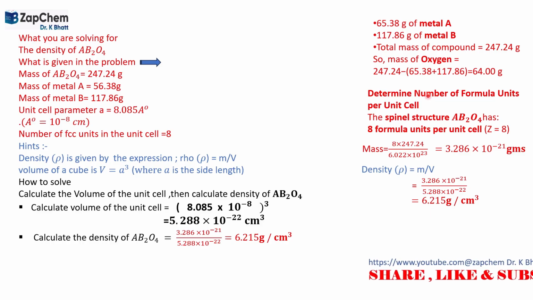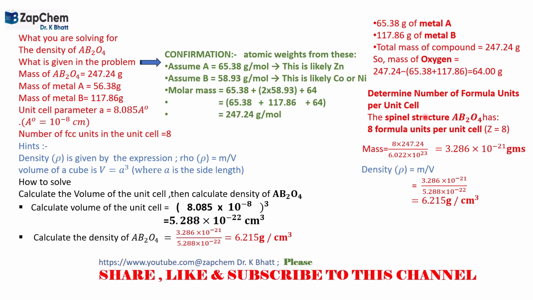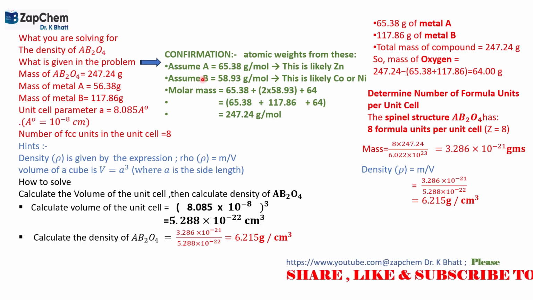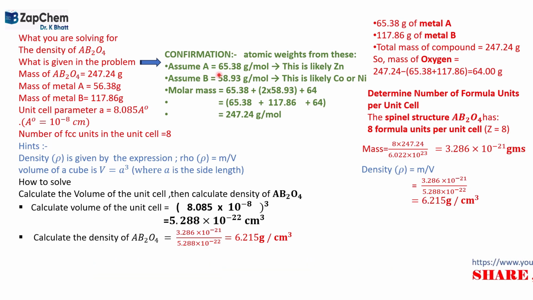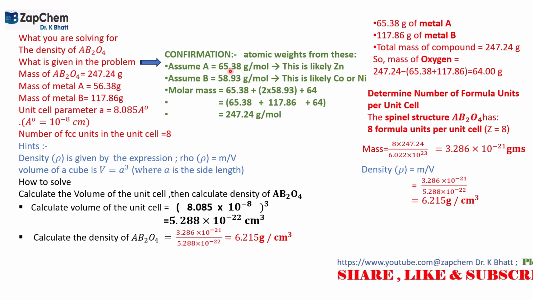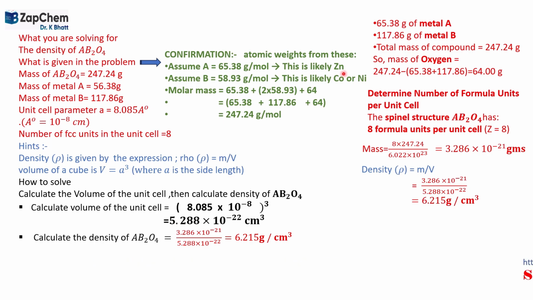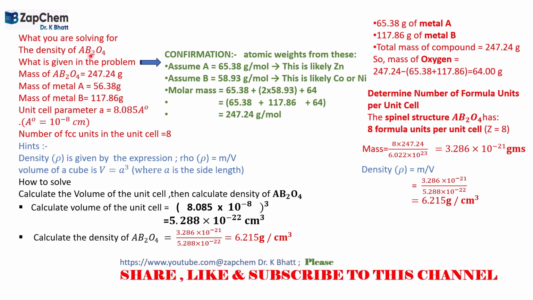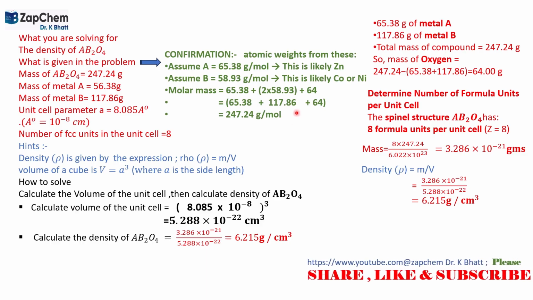Okay, so that was from the calculation. Now if we consider it again, we can easily confirm our answer this way, using the atomic weights of these elements. If we assume A is 65.38, 65 is the mass number, grams per mole, and we know zinc has a mass number of 65, so it might be zinc. And B is 58.93, and since there are two atoms of element B, B2, it is 117.86 as provided here.